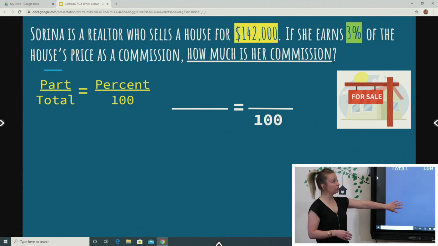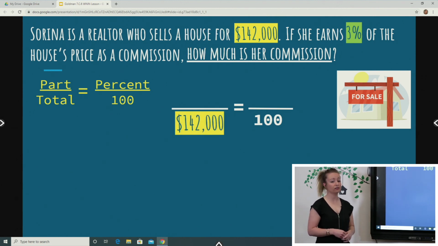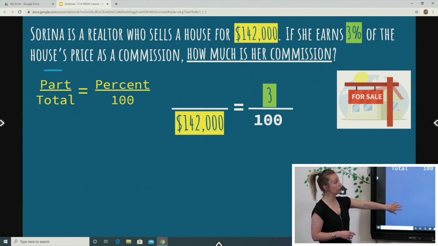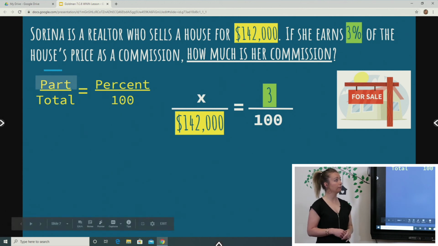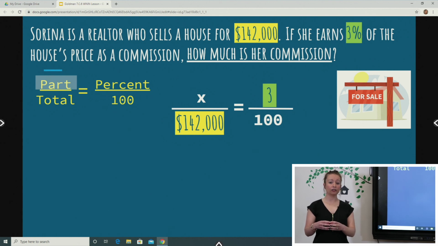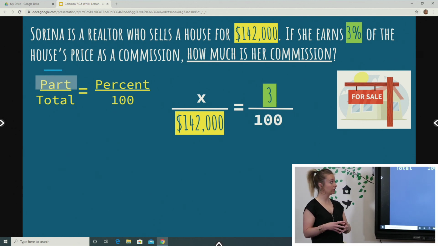The $142,000 is going to be classified as our total. That's the total price of the house. Our 3%, as with always, that percent's going to go above 100. This means our question asking us how much is her commission, that means we are missing the part. This is the type of problem where we're missing the part of our proportion in order to figure out our problem.